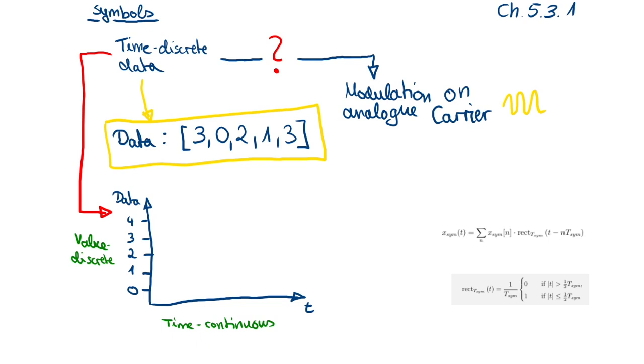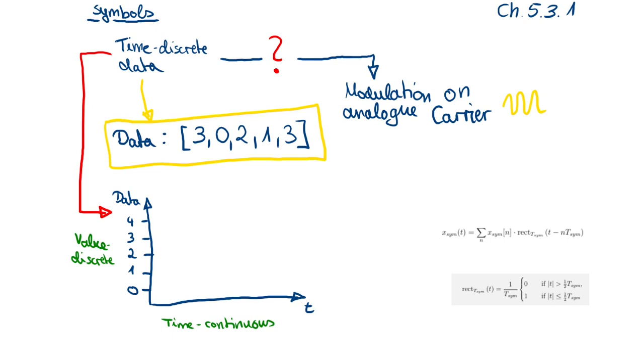To modulate the data, we take a step in between. So the data is transformed or converted to the time continuous domain again. So we introduce the concept of symbols.